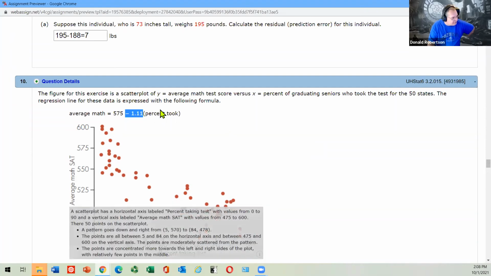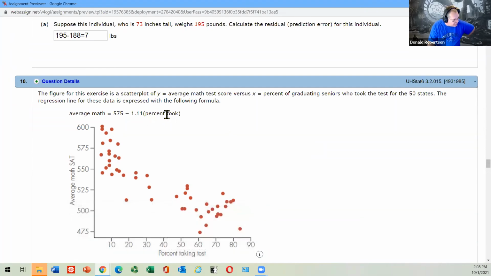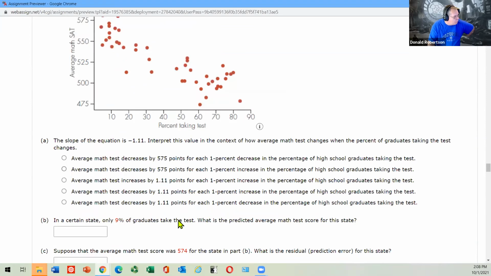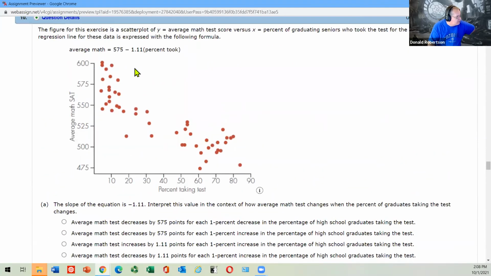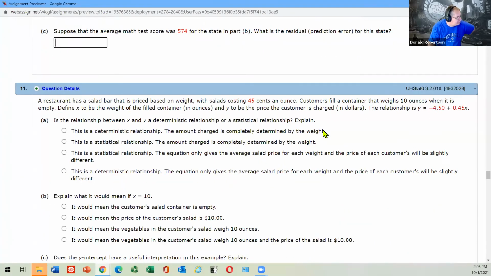Right? So for every 1 increase in the percentage took, the average math score will decrease by 1.11. One of those sentences is the same as what I just said. And these 2 questions use the formula to predict answers, or if somebody gives you an answer, use it to predict the percentage took.